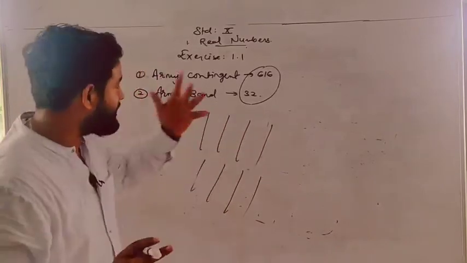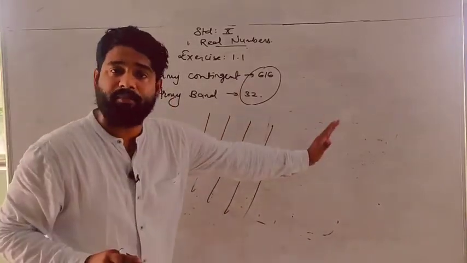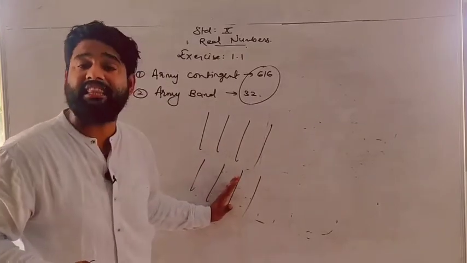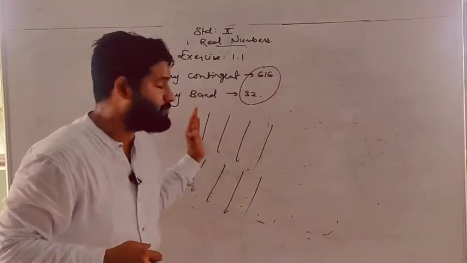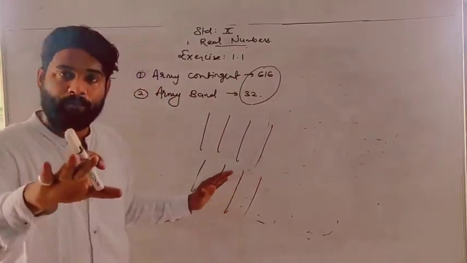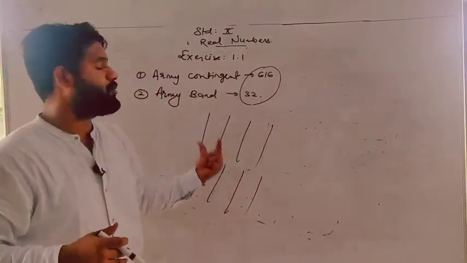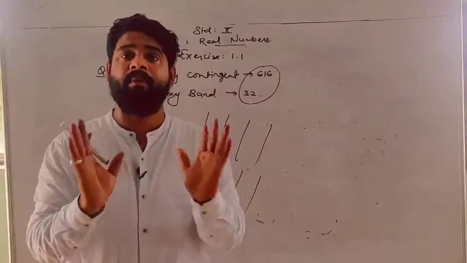It cannot happen that 616 takes 5 columns and this group takes 3. Whatever number of columns the 616 members are arranged in, the 32 members should be arranged in the same number.